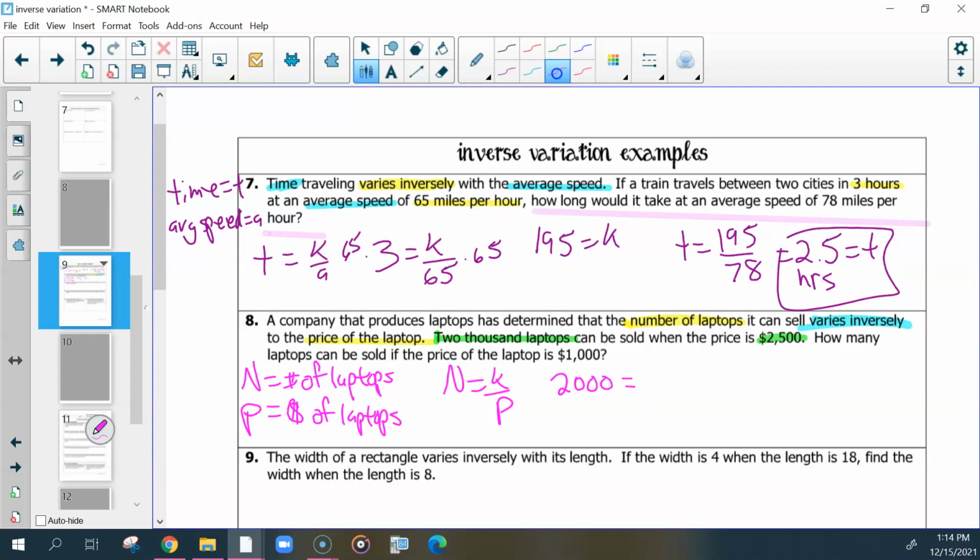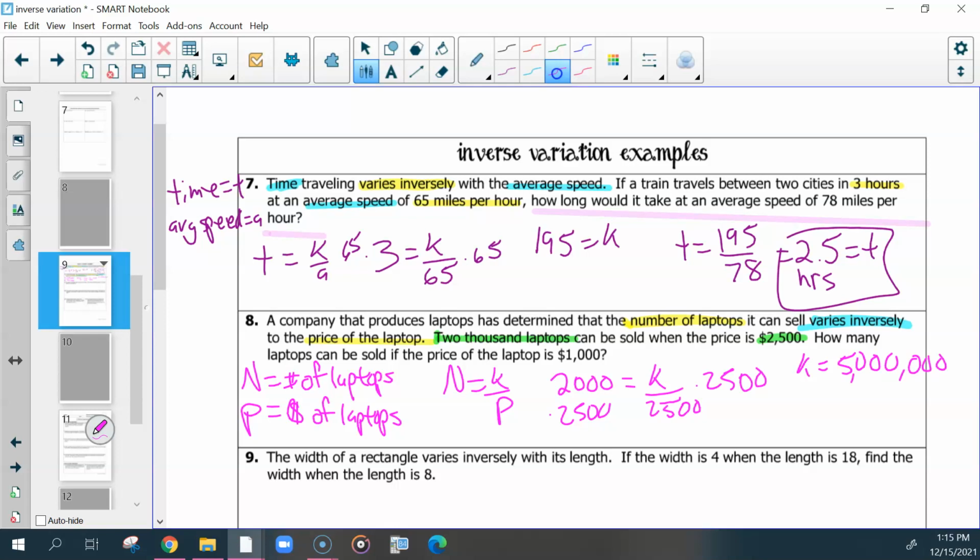I'll just put them in the wrong spot. It should be K over P. So to solve for K, we would multiply 2,000 by 2,500. And we get that K equals 5 million.